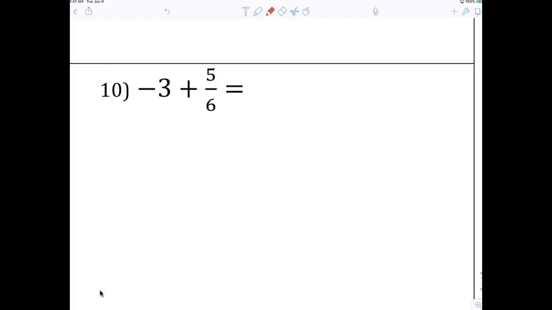Definitely wrong. Negative 2 and 1 over 6. I said it first. No, you said it last. I said it first, didn't I? I helped them get the right answer. No, you didn't.